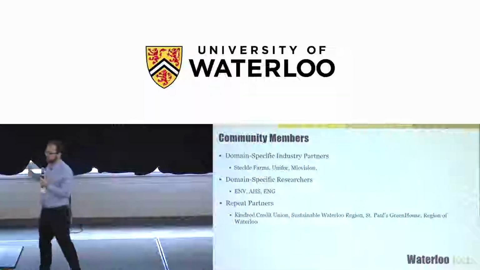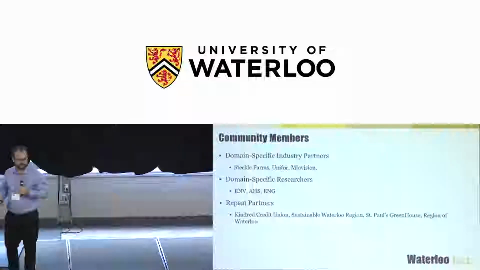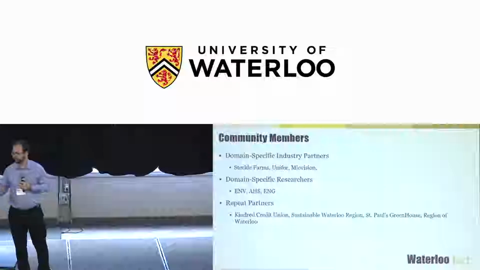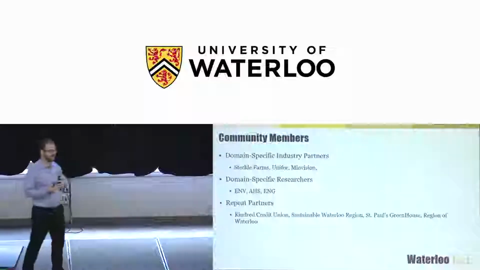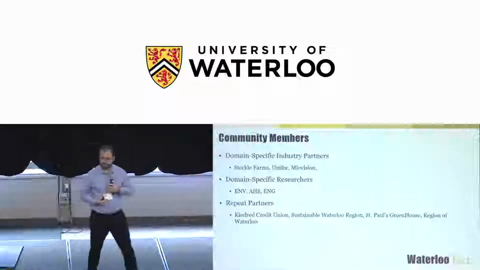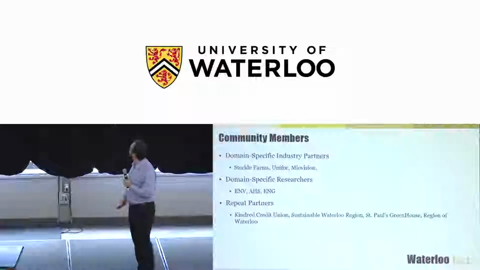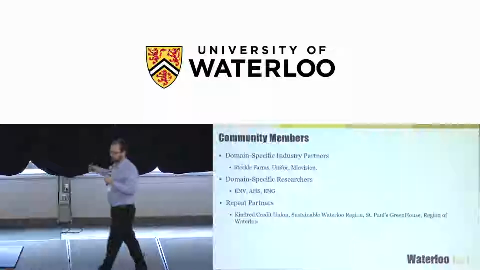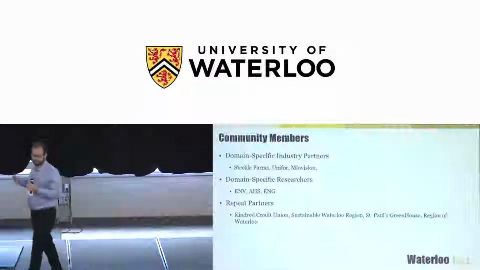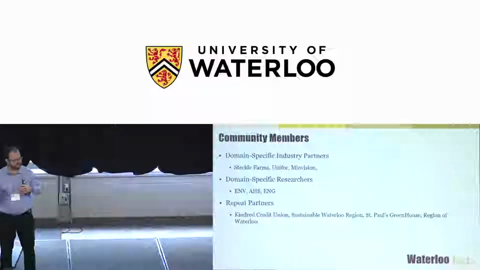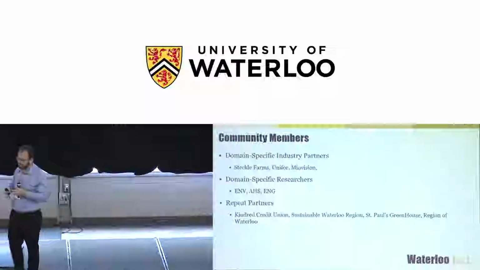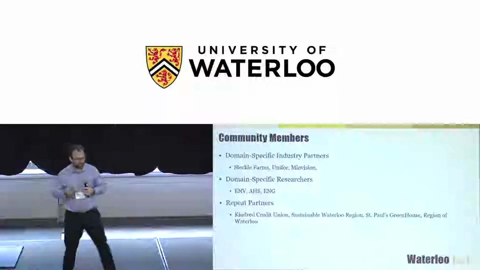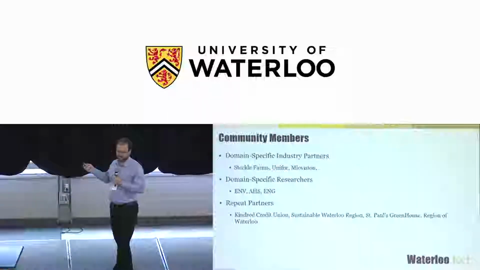The Kindred Credit Union, a locally based credit union, makes sense to have in the room for both their community involvement and their understanding of the financing that goes behind startup enterprises and interventions. St. Paul's Greenhouse is there for supporting social entrepreneurship, and the Region of Waterloo, because we've been trying to keep our issues fairly locally targeted. So every year we get a blend of those 3 different categories of industry partners.